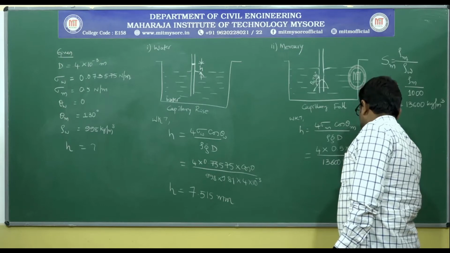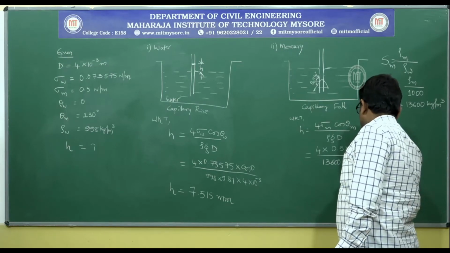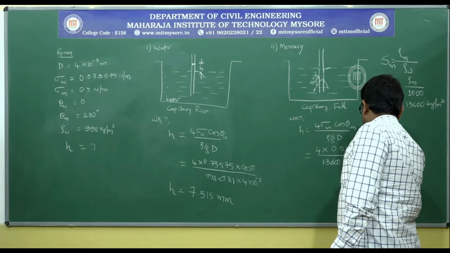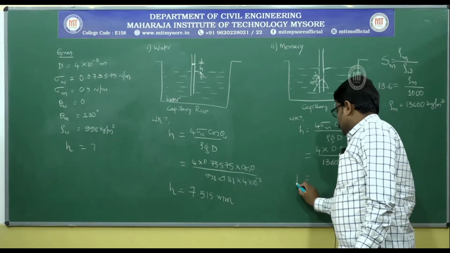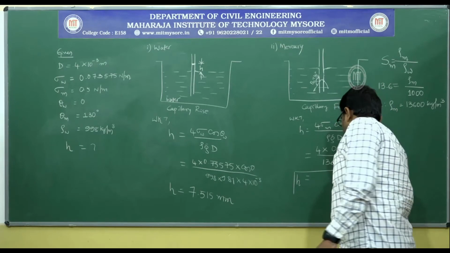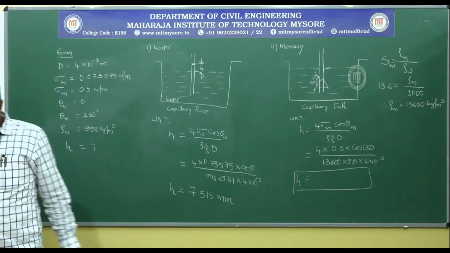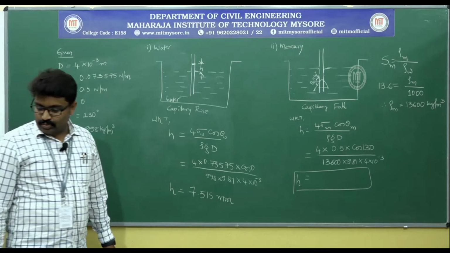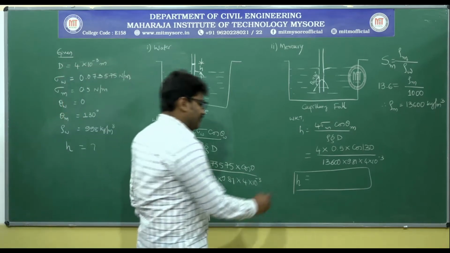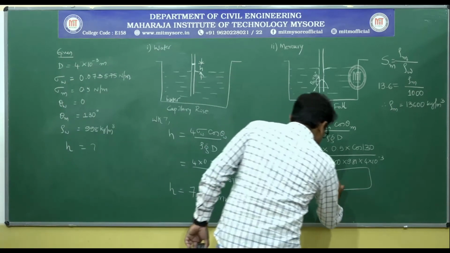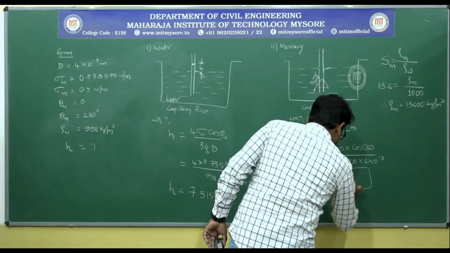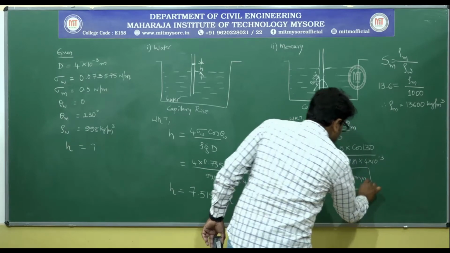13,600 into 9.81 into diameter is 4 into 10 power minus 3, using which you can get to know what is the capillary fall. Capillary fall is found to be minus 2.4137 millimeter.